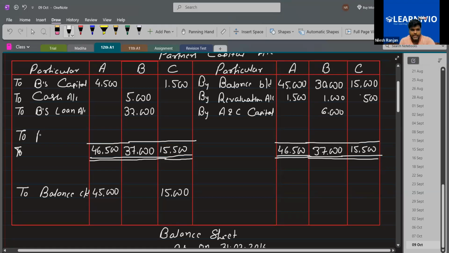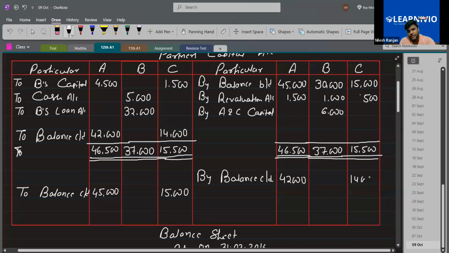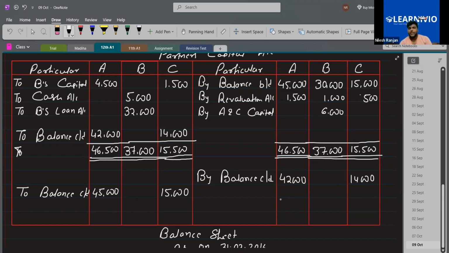It will be balance c/d, 42,000 here and 14,000 here. Now this balance will come here by balance c/d, 42,000 and 14,000. So this is adjusted capital 42,000 and 14,000, and this is proportionate capital.